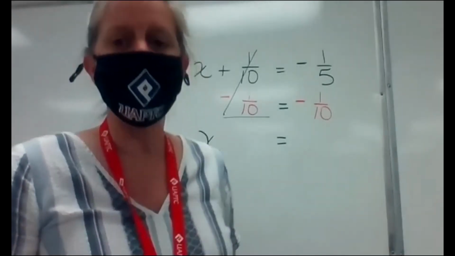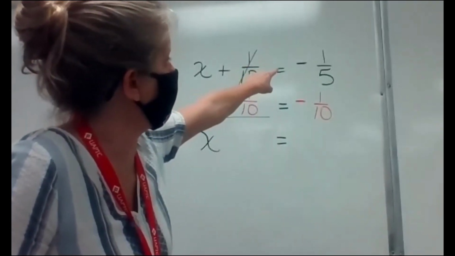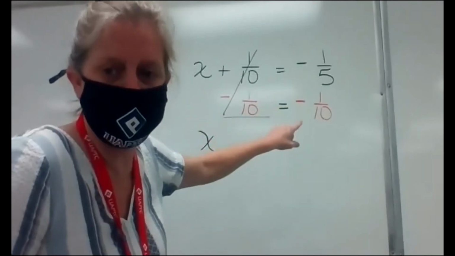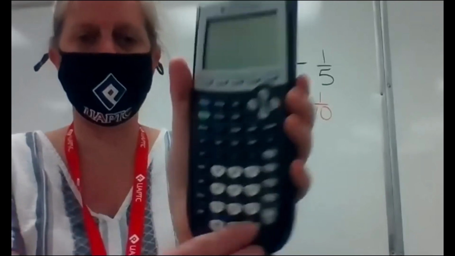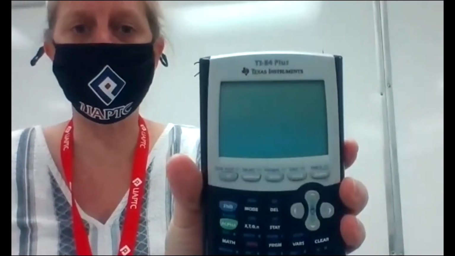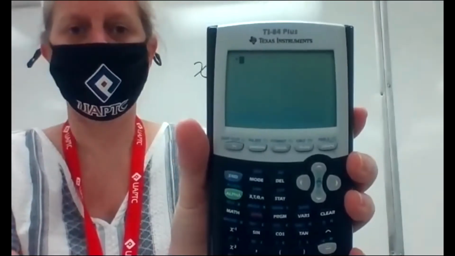Okay, what do I need to tell my calculator? I want to tell it to do negative 1/5 minus 1/10. Exactly that. So remember, the negative button is under the 3.